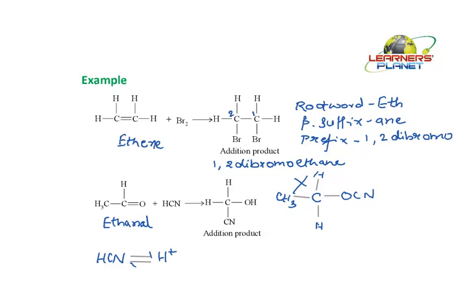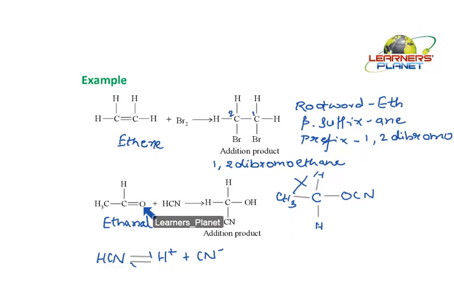I am getting this H plus and CN minus. Now what is the charge on cyanide? It is minus. How can it combine with oxygen, which is again a minus, or which is again electronegative? So that's why this type of product is formed.